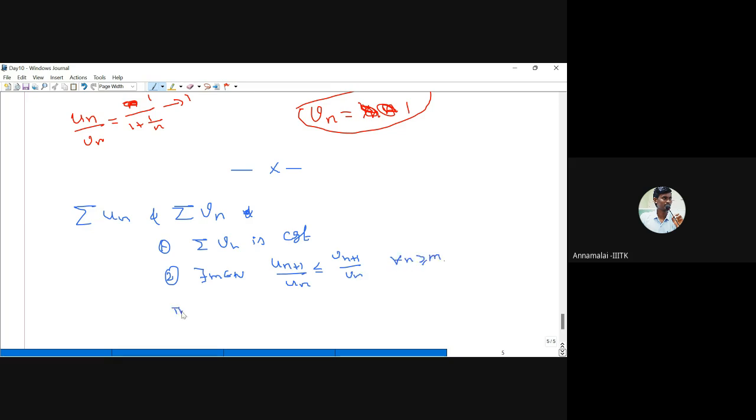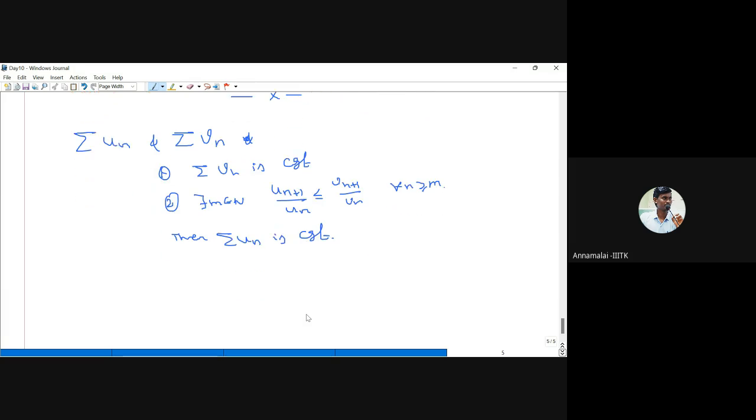Then the smaller series summation Un is convergent. So this is the test for convergence.